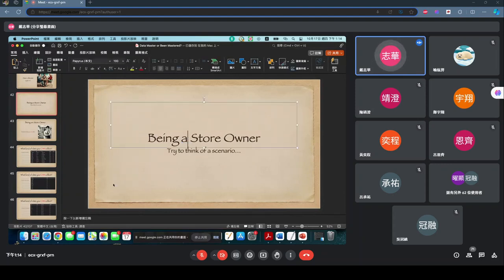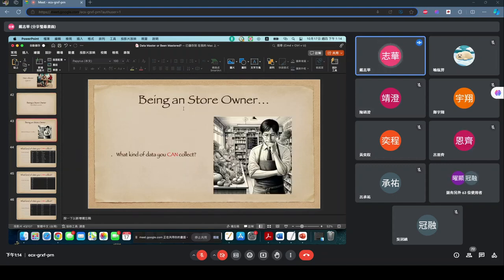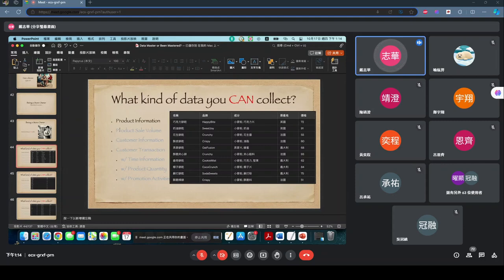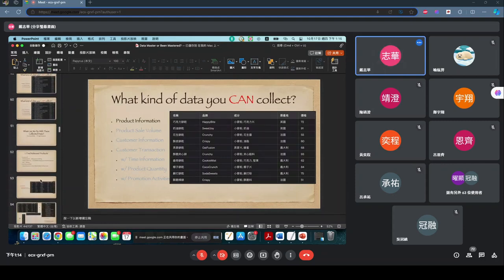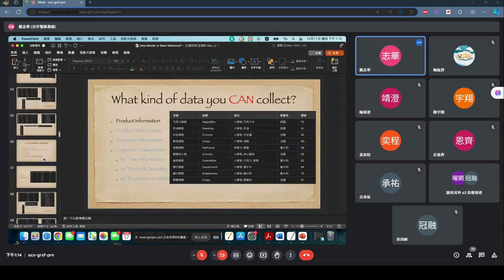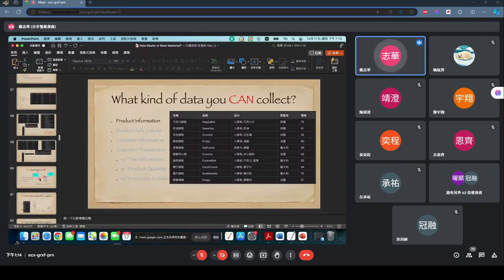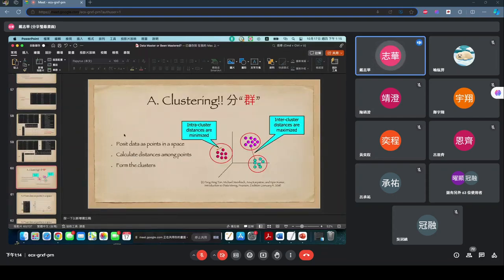After that, we talked about assuming that each of you is a store owner, so we could collect some information, right? So through that information, what can we do? I believe that we already introduced clustering.